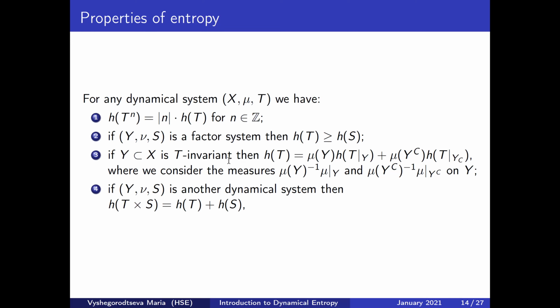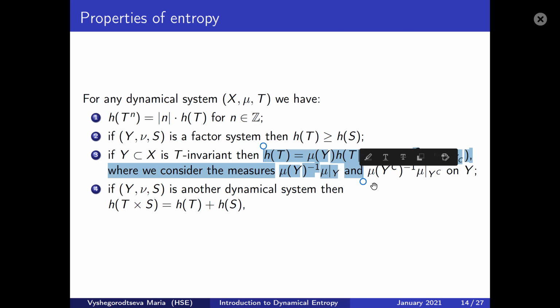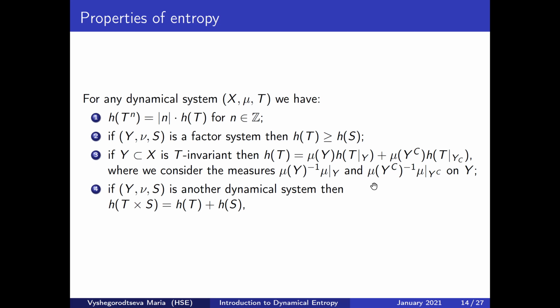The third property is that if we have a T-invariant subset of X, that is Y, we can express the entropy of T in the following way. We multiply the measure of Y by the entropy of the restriction of T to Y, and then we take the measure of the complement of Y in X and multiply it by the entropy of the restriction of T to this complement.